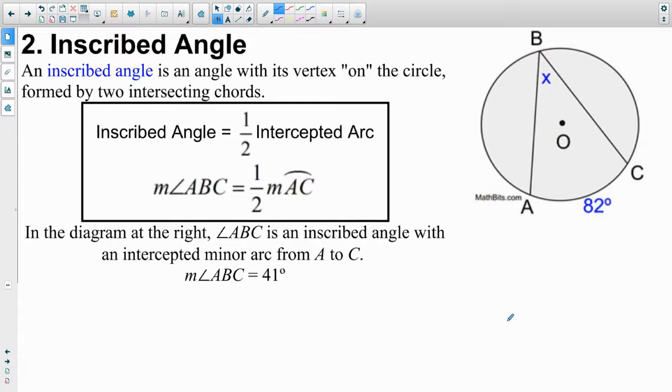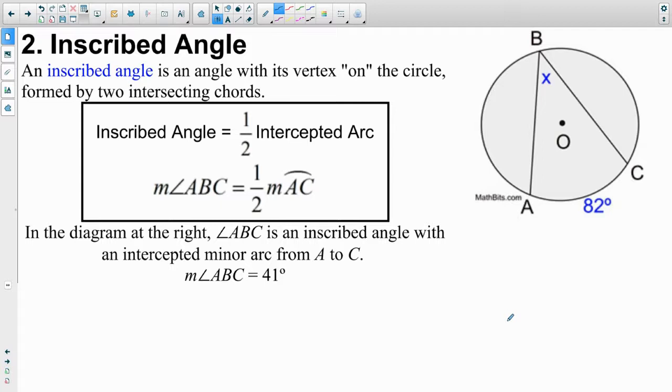Okay, inscribed angles. An inscribed angle is an angle with its vertex on the circle, formed by two intersecting chords. Now here it's a little bit different, but not that difficult. An inscribed angle will always be equal to exactly 1/2 of its intercepted arc.